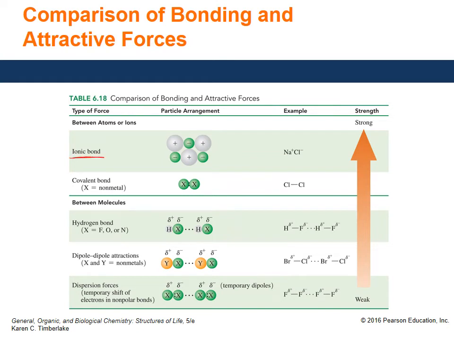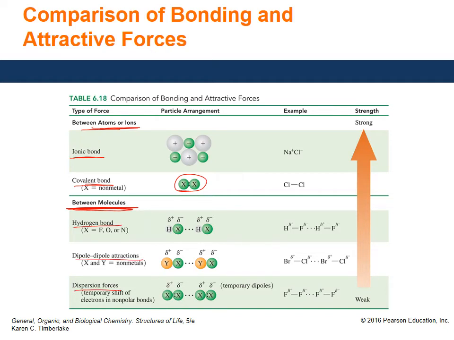An ionic bond is a force of attraction between atoms and ions. A covalent bond is also a force of attraction between atoms, where covalent means sharing of electrons in non-metals. When we talk about forces between molecules, that's when we say hydrogen bond, dipole-dipole, or dispersion.